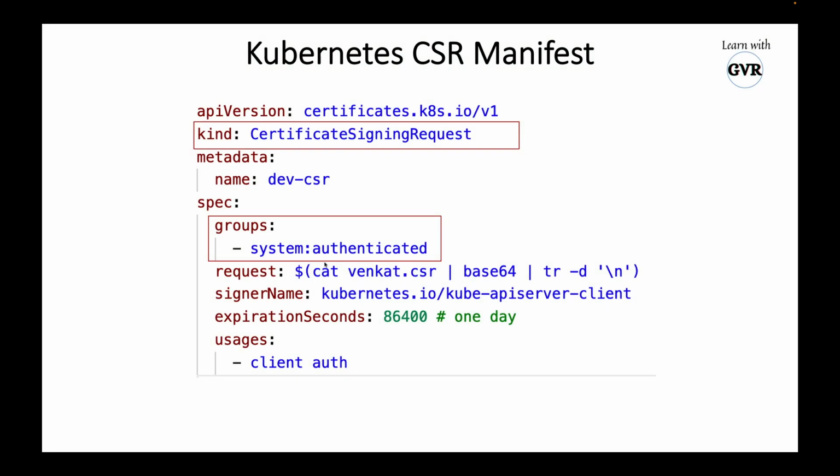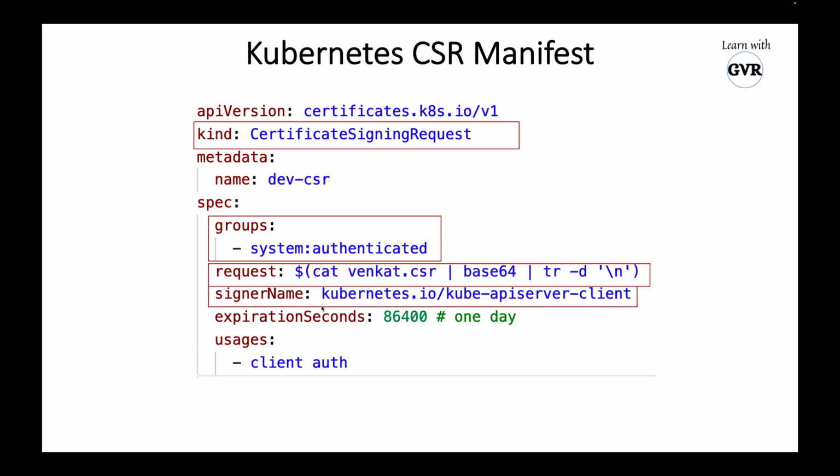I want to create a user Venkat, and he wants to be part of the system:authenticated group, which the CSR YAML definition has. Second is the request. Who is requesting? Venkat.csr. First I will create my own CSR, then I will base64 encode it and send it here.